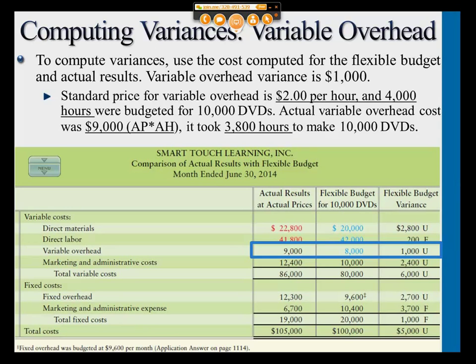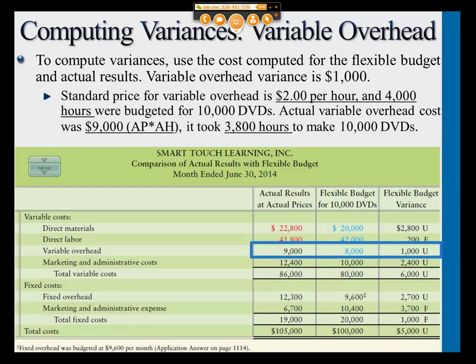It took 3,800 hours to make those 10,000 DVDs. What we're trying to do here is compute the variances, and we will use the cost computed for the flexible budget and actual results, right? We also know that the variable overhead variance is $1,000.